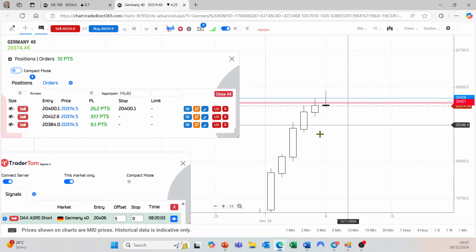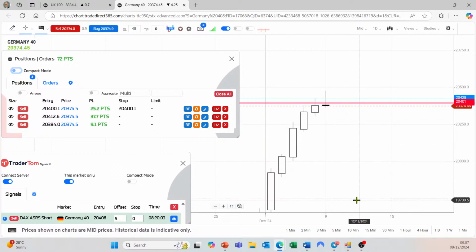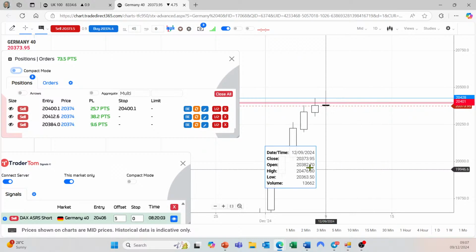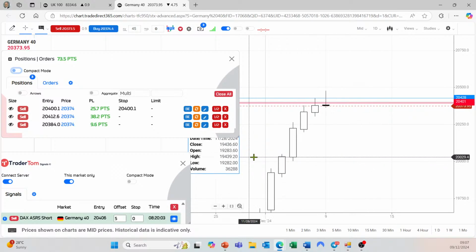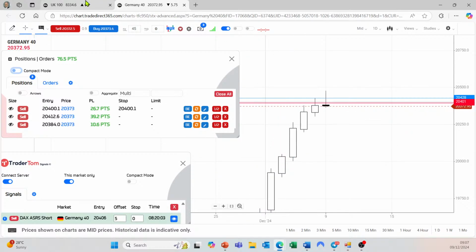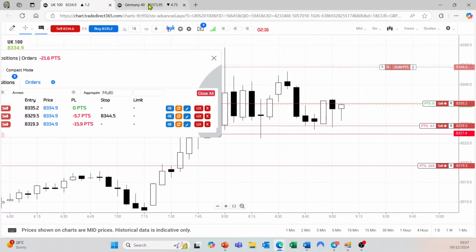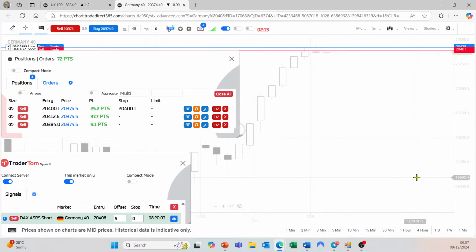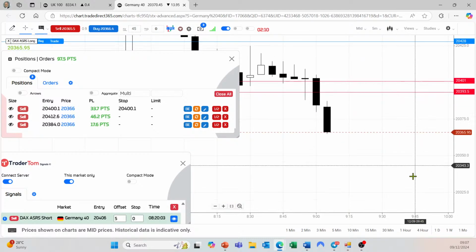My DAX position is actually doing okay. Maybe we should just let that run, huh?